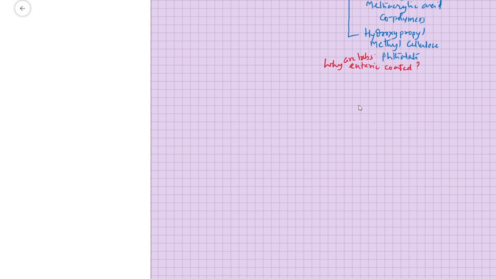The first reason is that sometimes the drugs which are present in the tablet may be degraded in the acidic environment of the stomach.